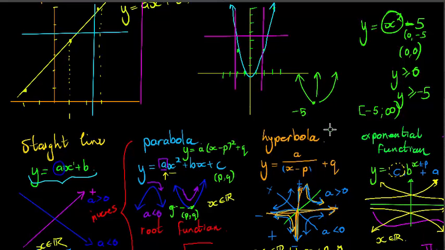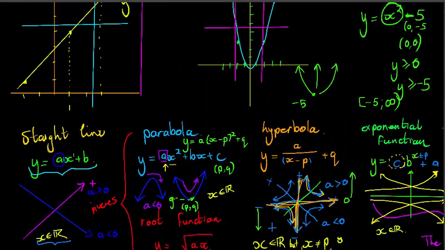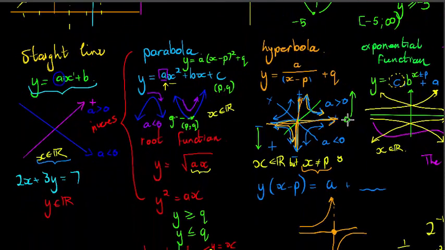But when we work with the hyperbola, we've got this leg going from 0 to infinity, and that leg going from 0 to negative infinity. And the actual point is that we can't get 0. Do you see? So it's not like this one where we can't be less than 0. With this one we can't be equal to 0.